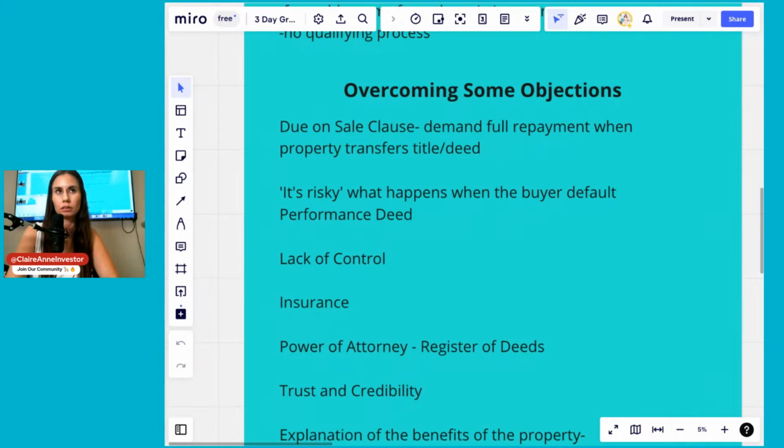I was going back and forth with an agent recently, and she says it's extremely risky. And I will say this, it is only risky if the buyer does not pay the payments to the mortgage company. That's the only risk that you're really taking in this. And then I had someone over the weekend say that subject tos are so complicated. And I'm like, you have never done a deal ever.